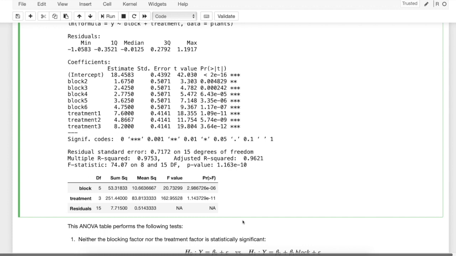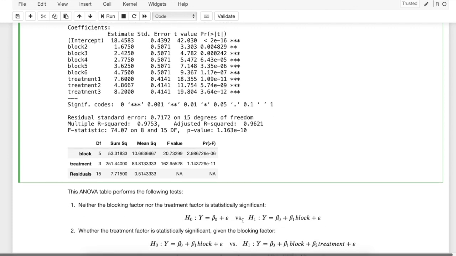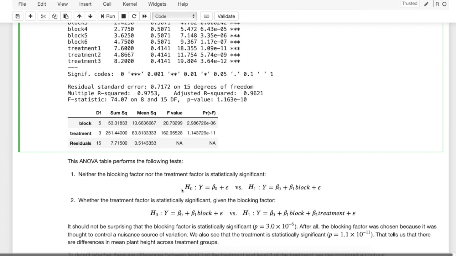So the main thing that I want us to understand, and this is to reiterate from the last video, is that we're testing 2 different null hypotheses against 2 different alternatives. So the first null hypothesis is that we have the most basic model that includes neither factor, neither the block nor the treatment.